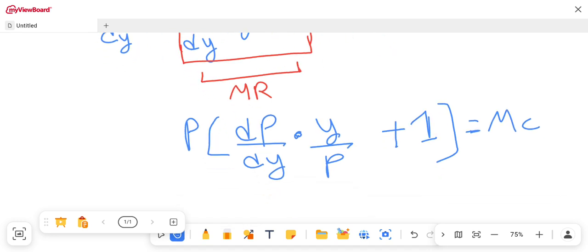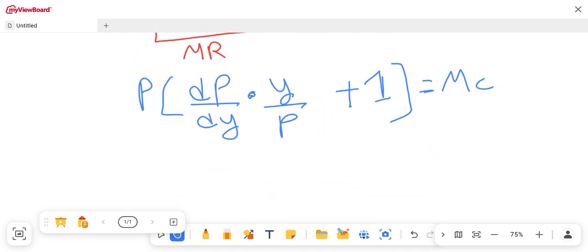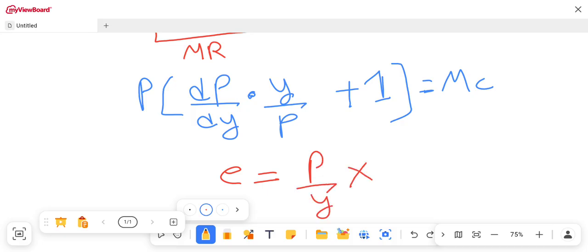Now, if we have studied elasticity, we know that the formula for elasticity is price upon output or quantity demanded into dy upon dP. So the formula for elasticity is P upon Y into change in quantity upon change in price.